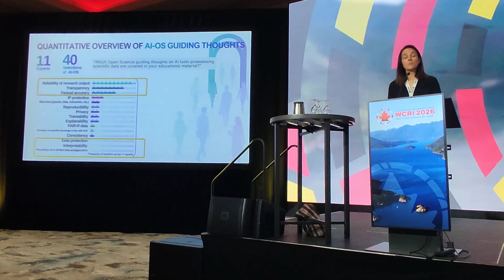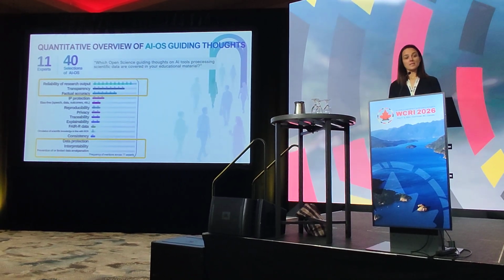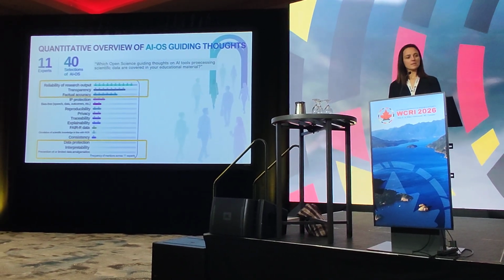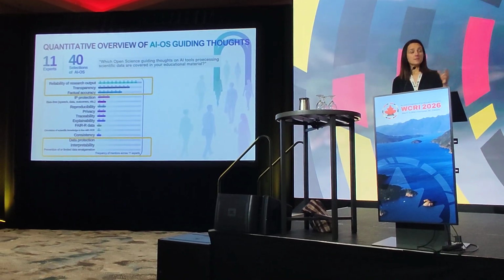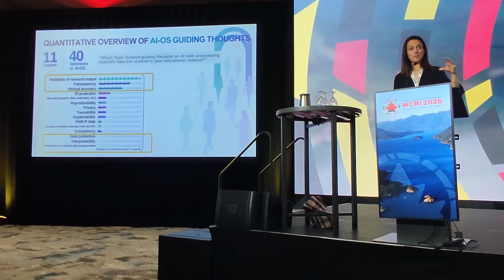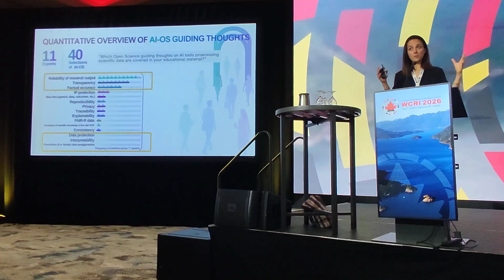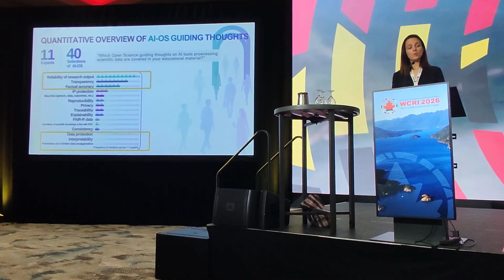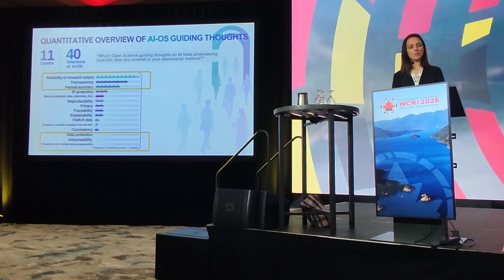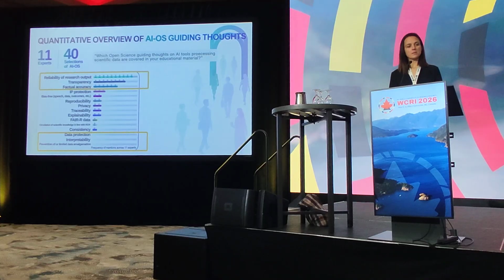Well, is this an outcome? I agree, it's a small sample size, it's not representative, but it is, as I said, a very specific sample of a wider community, a smaller sample who already addresses AI within their capacities.